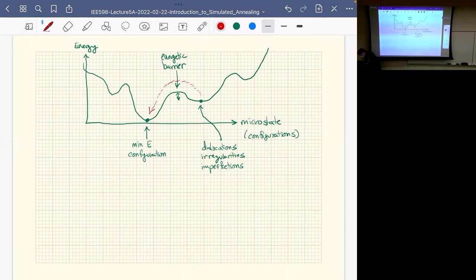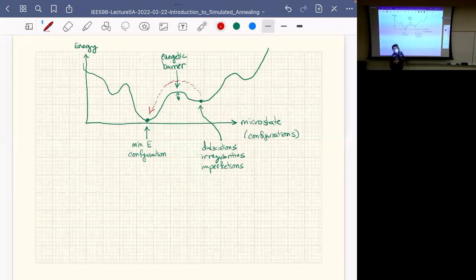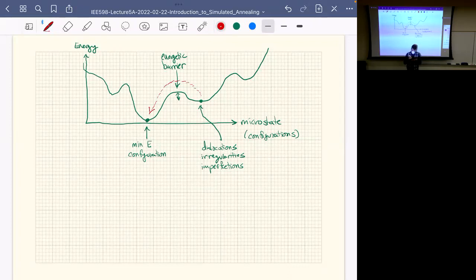So what I'm hoping you're seeing here is, if I make this distance here, how does it compare, less than or greater than, to kT?